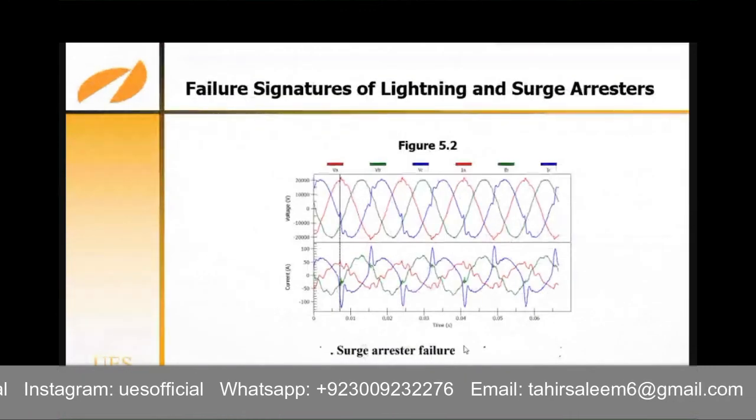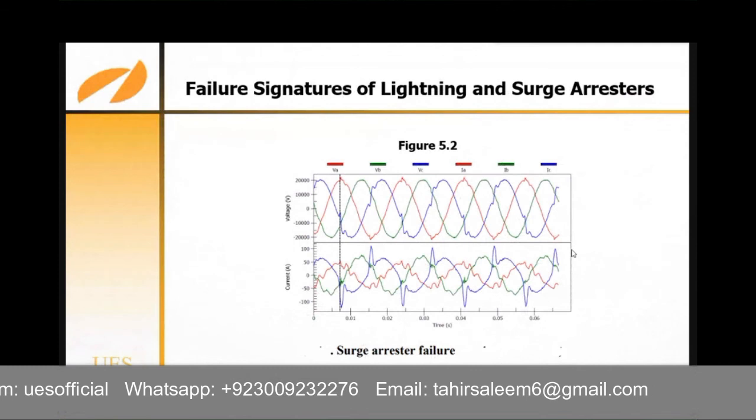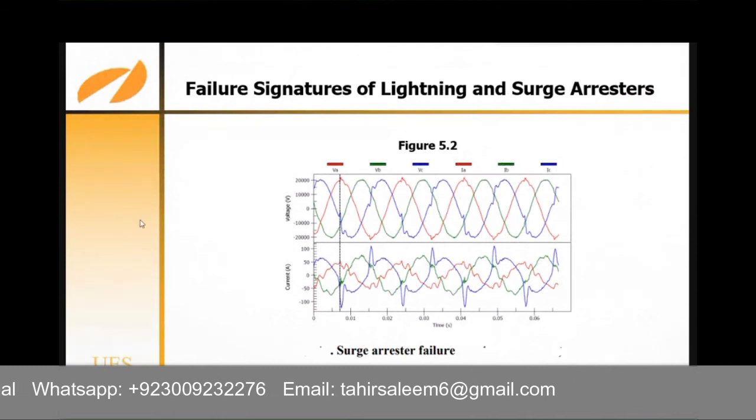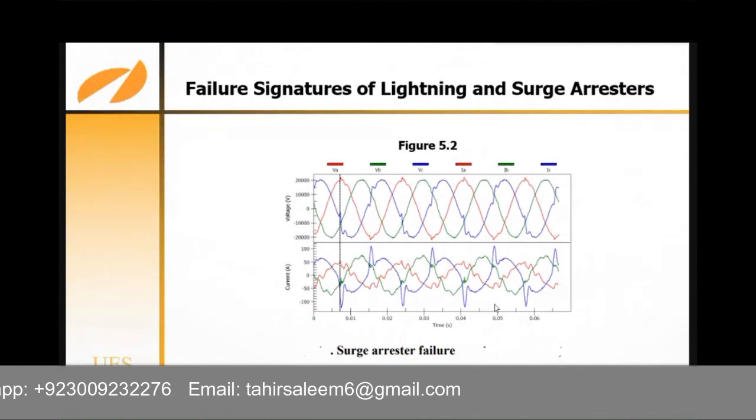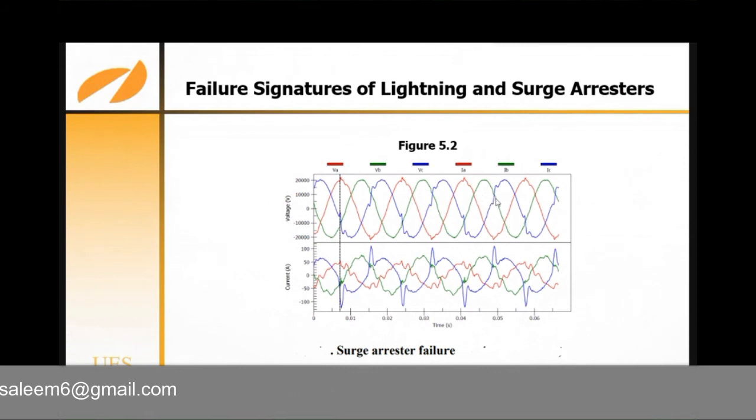Now, this is the signature for the surge arrester fault. The previous one was for the lightning arrester, and this is for the surge arrester. Lightning arresters and surge arresters have the same working phenomena and the same construction and structure, but they have a little difference in their functions.